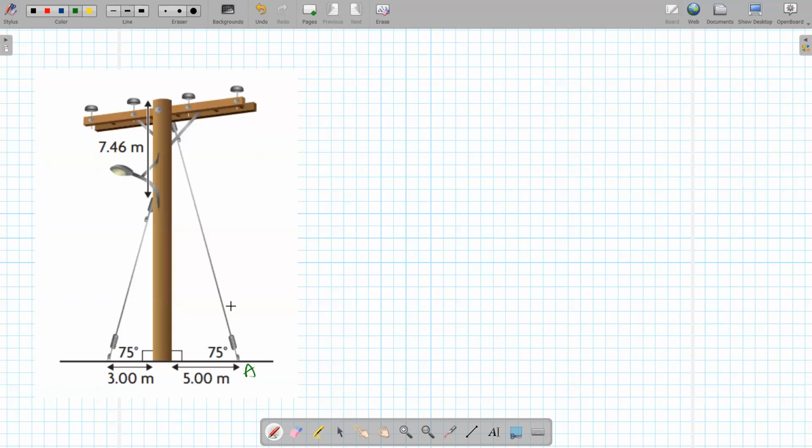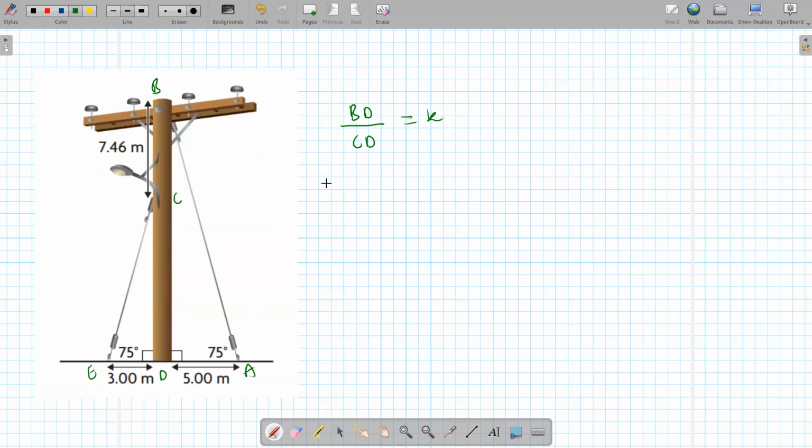Now if you label this, you can say A, B, C, D, E, right? We know that BD divided by CD, the whole pole is BD, the height of both the triangles, is going to be the scale factor.